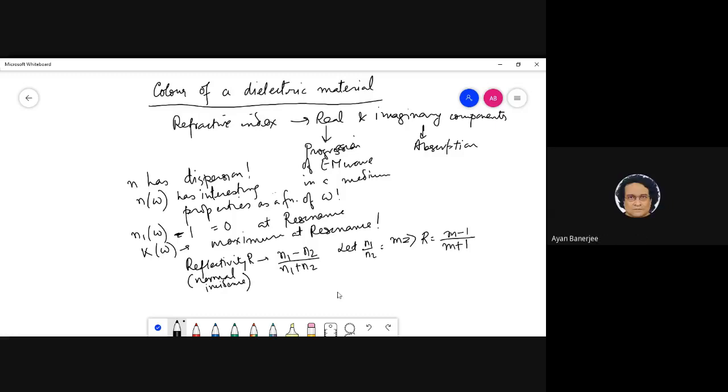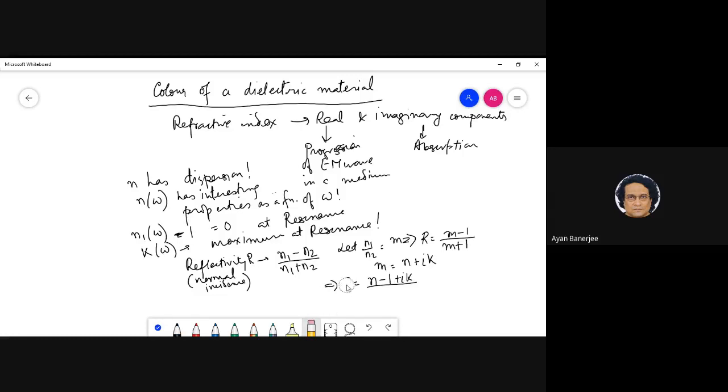Very nice. Now suppose I write this m as n plus ik. I can do that, right? This is some kind of relative thing that I'm writing. There is a real part and an imaginary part. Then what does r become? Basically, it will become n minus 1 plus ik over n plus 1 plus ik. Actually, I should not have written this capital R. It should be smaller.